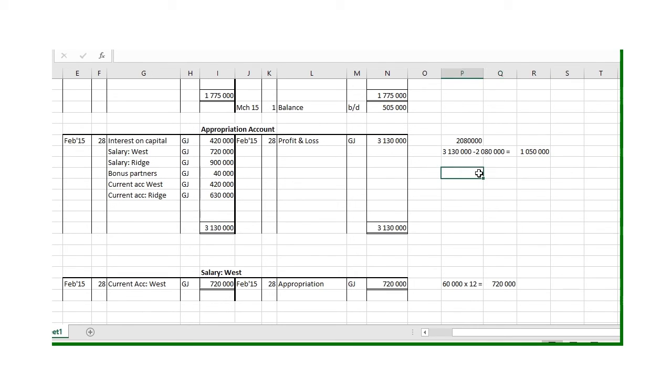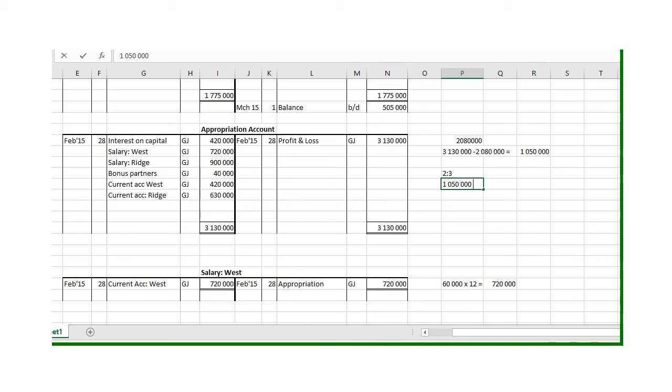Then they tell me the ratio is 2 to 3. If they give me a ratio, the easiest way is to add the 2 and the 3, and that gives me 5. So the first partner would be getting 2 over 5. He will get 2/5 of that 1,050,000.